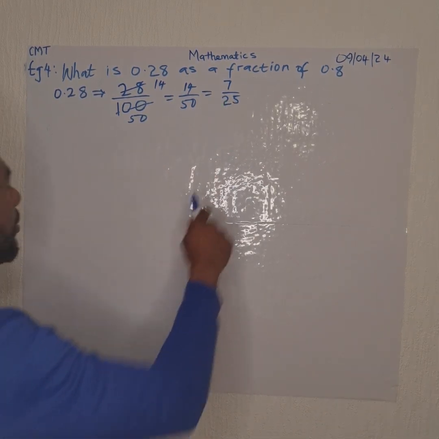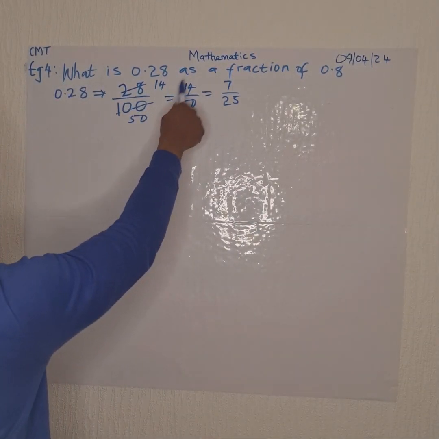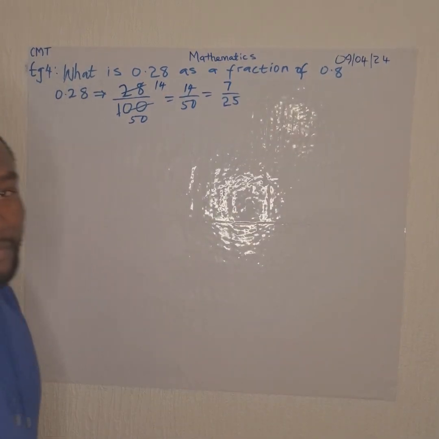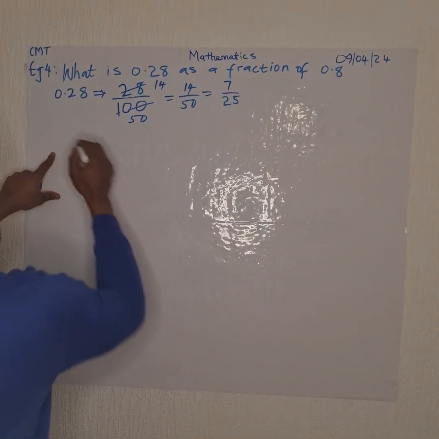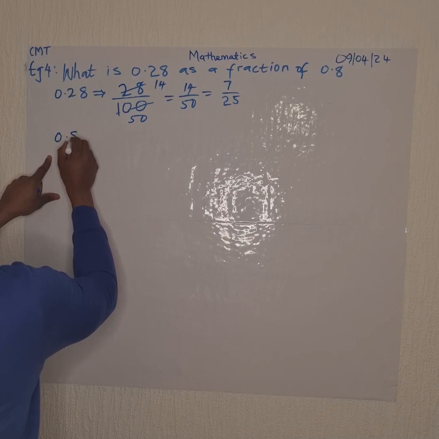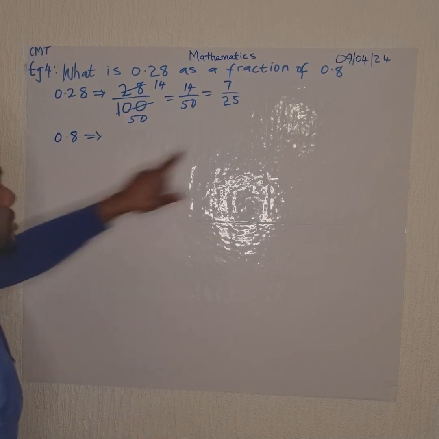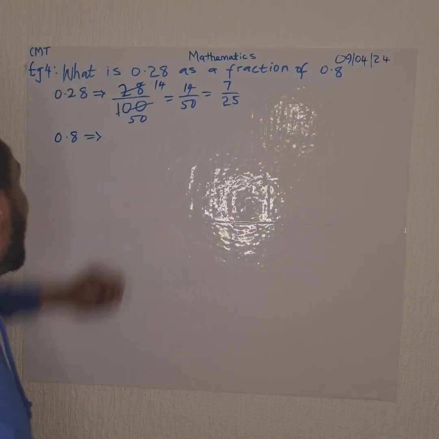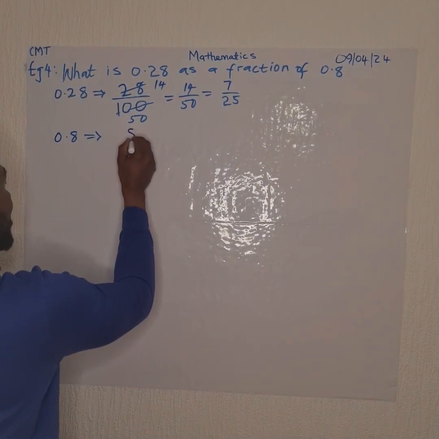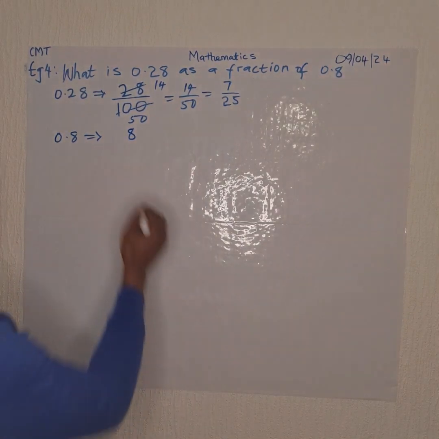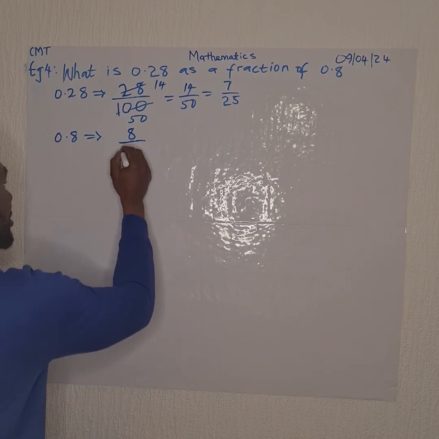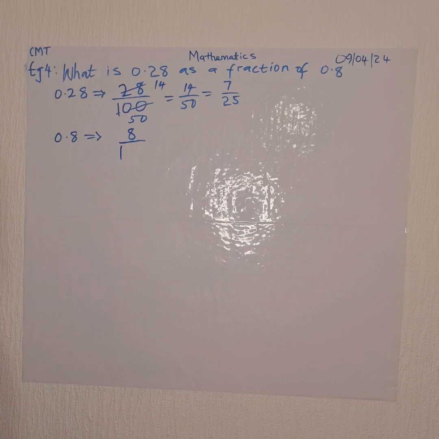Thank you. Now it says, what is 0.28 as a fraction of 0.8? So we still need to change 0.8 to fraction. Again, bring out the integer, and the integer we have here is just 8. Put your division sign. But what is it going to divide? You start with the dot. The dot is replaced with a 1.